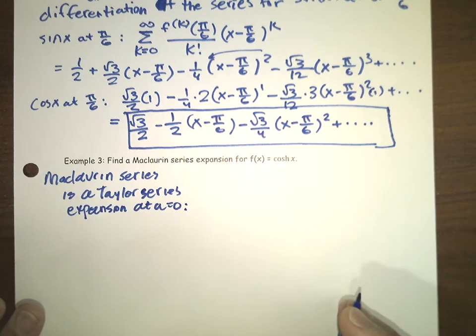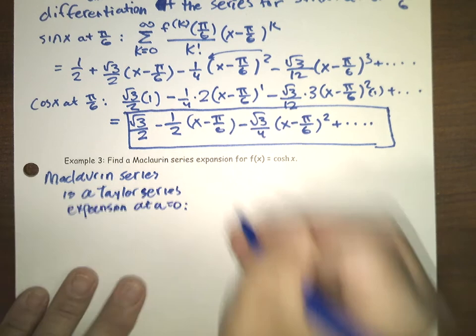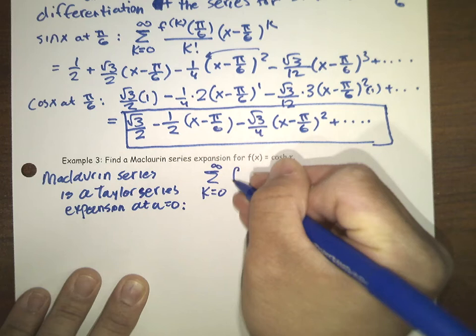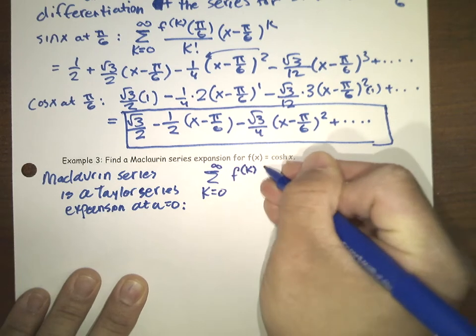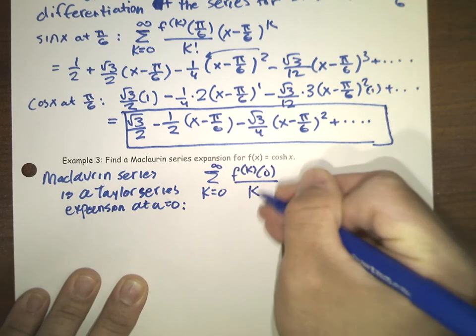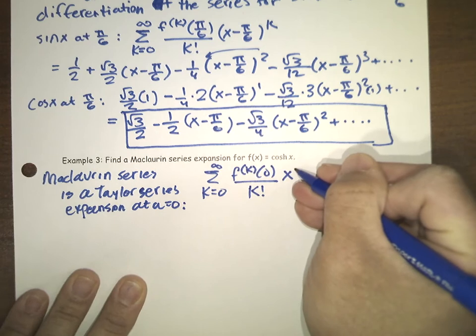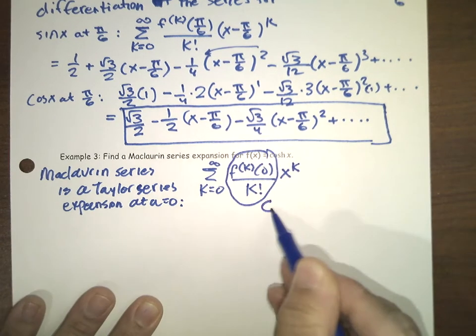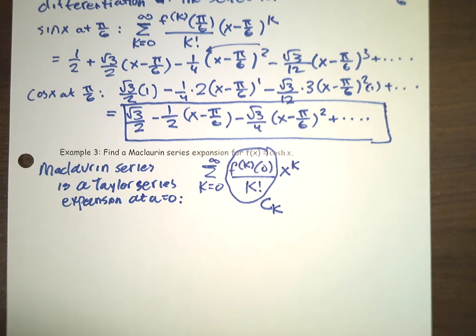So again, what do we have here? Well, it's the sum k equals 0 to infinity of the kth derivative at 0 over k factorial, then x to the k. This is our c_k, and we'll proceed as usual.